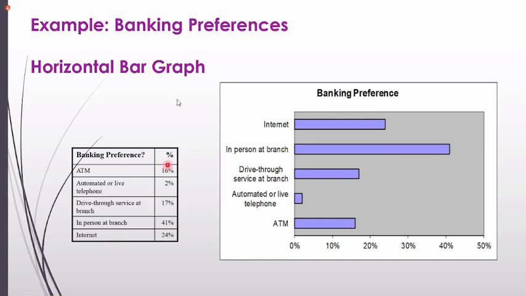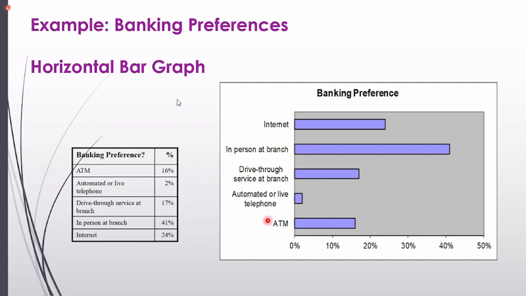So these are the percentages of customers preferring each method. These are not measurements. The measurements of the variable are these, and based on them there are 5 non-overlapping classes.